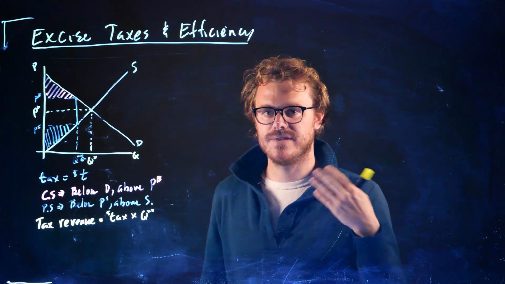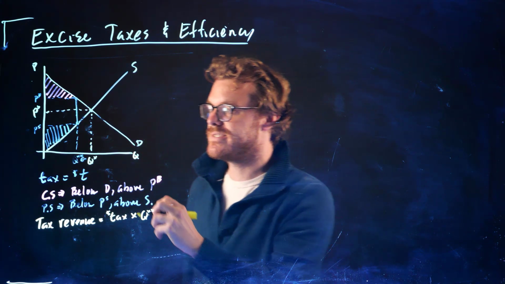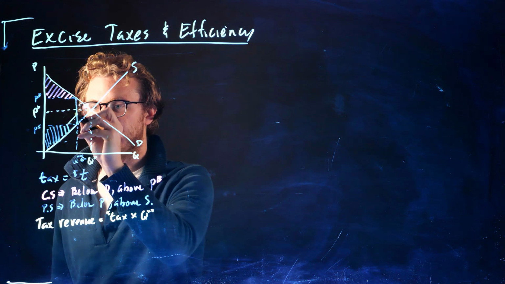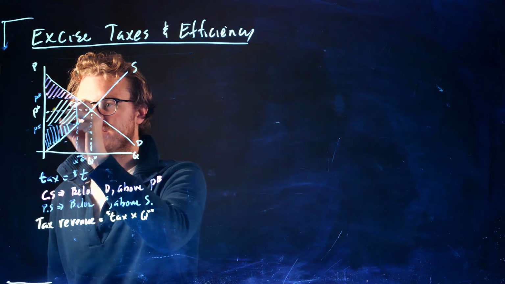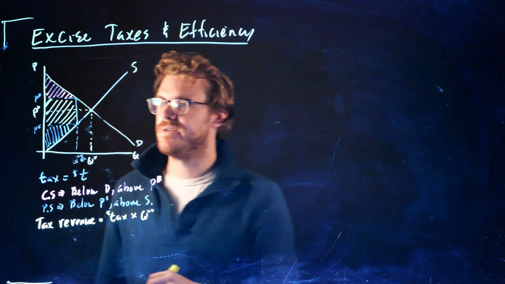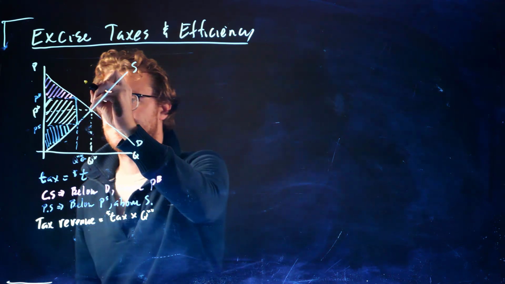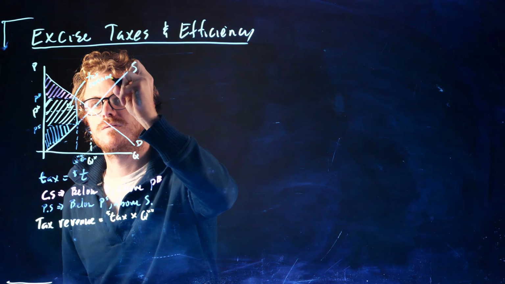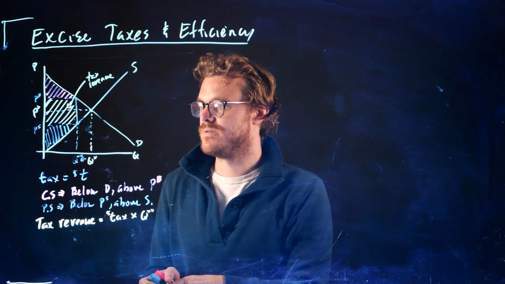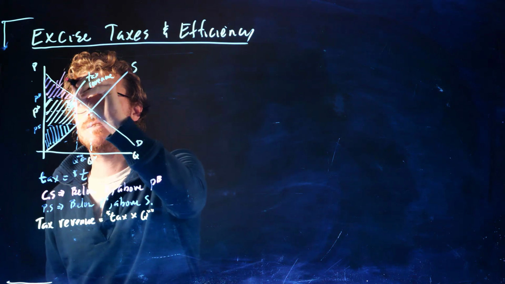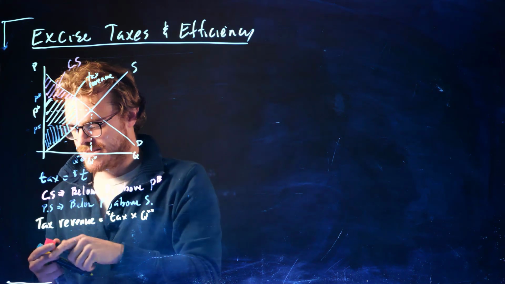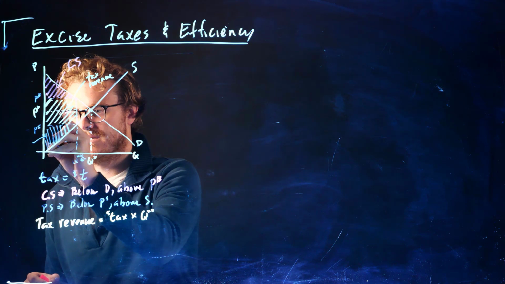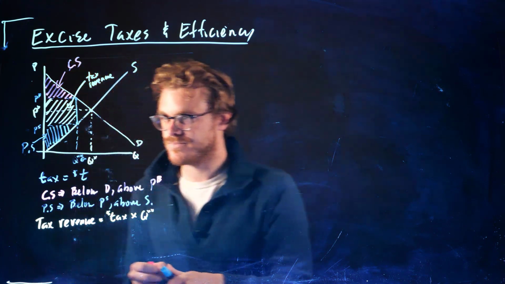How many of these units get sold in whatever market this is. So this area here is going to be that tax revenue. So again, in case it's not obvious, this is consumer surplus, and this is producer surplus.